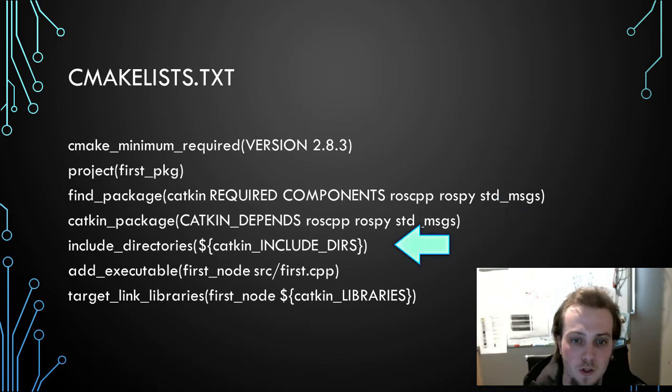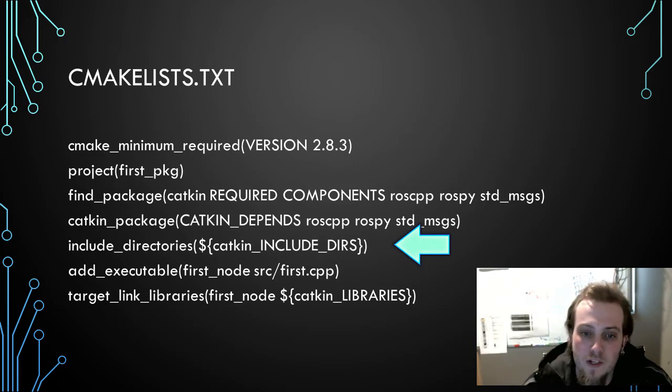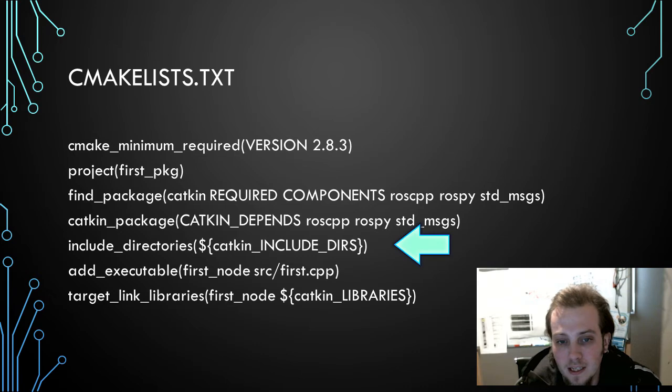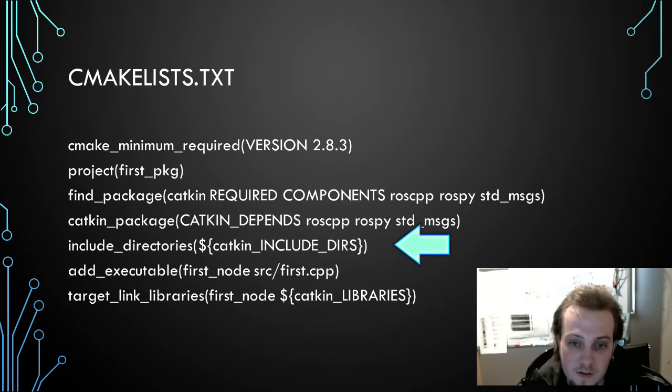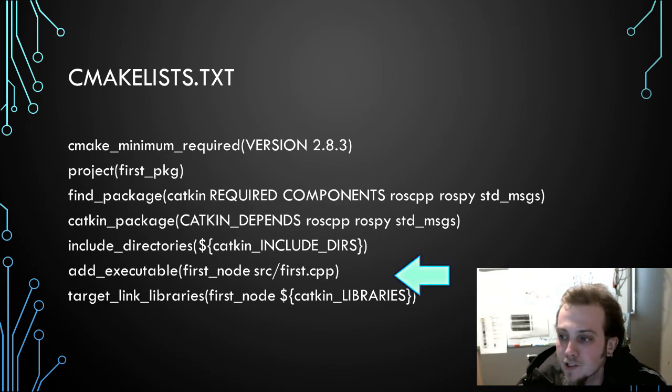We then have include directories, which basically says which folders should be included in the build. And to specify the header folder that we saw earlier in our folder, we can use Catkin include directories. We then can specify the executable to be created, so the thing that actually runs, and these will be our nodes.